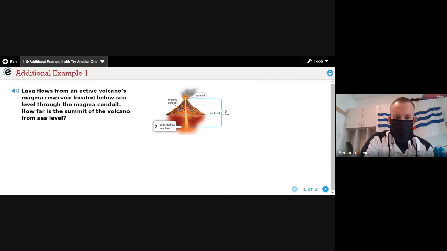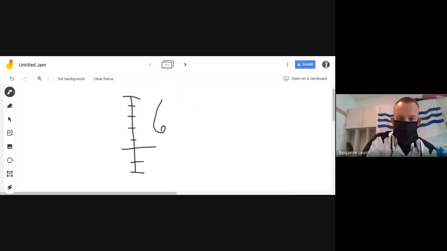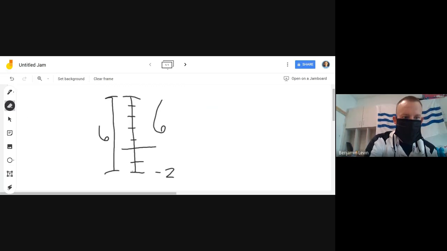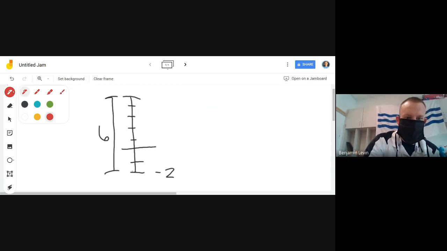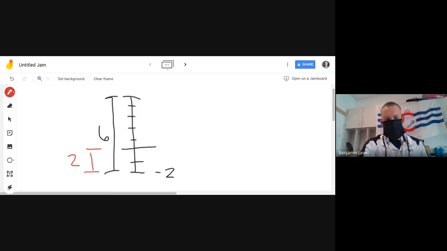This distance is 6. We know that this is -2, right? That's easy. The magma flows from 2 miles below the surface.